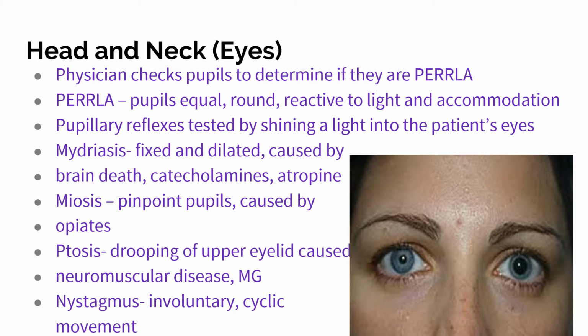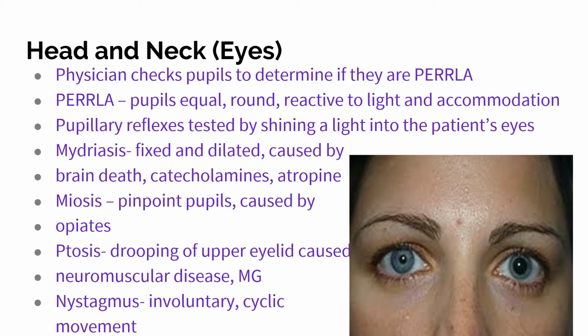They'll shine the light in their eye, their pupils should constrict, and then when they take the light away, they should dilate back again. The diagram there shows a woman with unequal pupils, pinpoint in her right eye, and dilated, the bigger one, in her left eye.